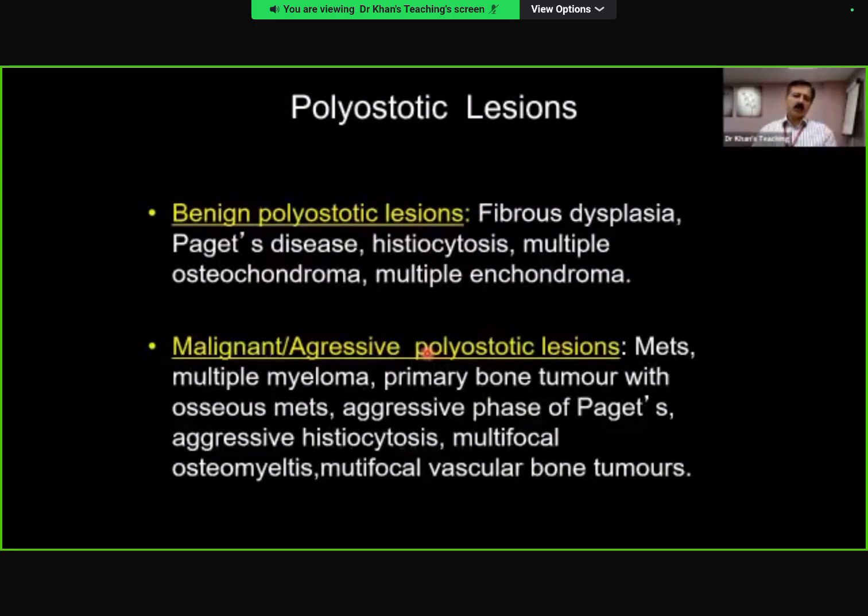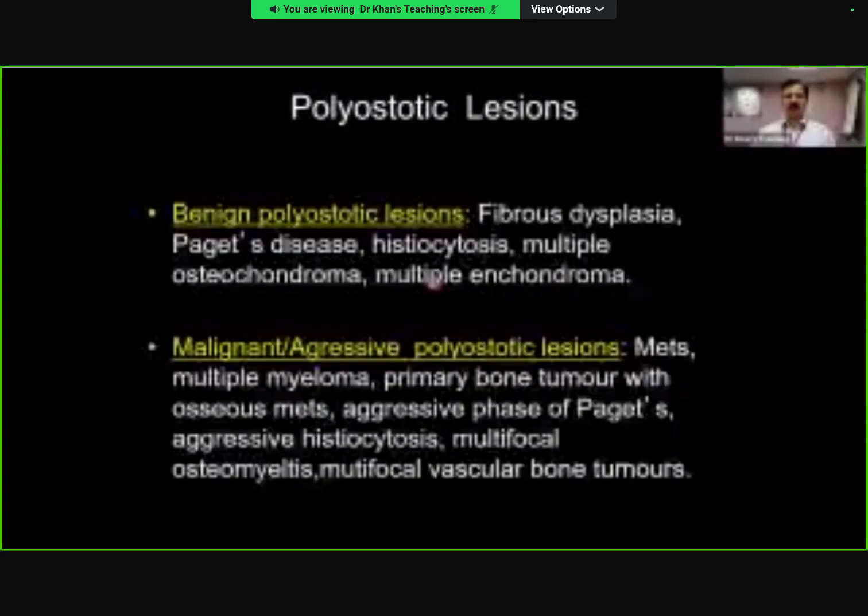Okay, now it is a good idea, particularly, to remember the benign polyostotic lesions. In the exams, they have come very often, many a time on nuclear medicine studies. For example, they might show you a bone scan, they might show you a PET scan, they will start from there, and there are multiple lesions. And the key thing is for you to ask that I want to see a plain film for correlation.